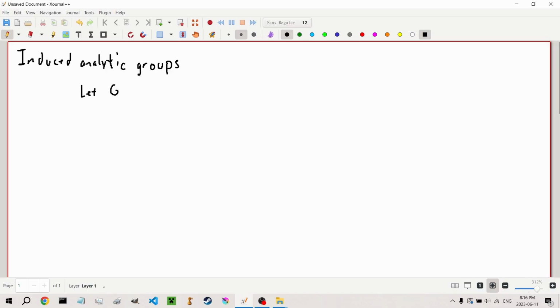Let G be a Lie group, H a topological group, and iota from H to G a continuous homomorphism.